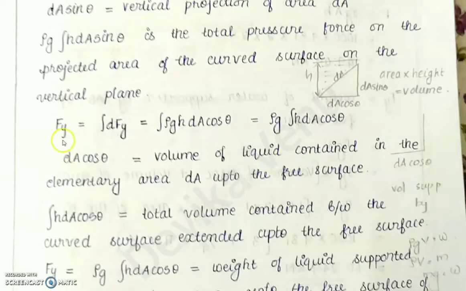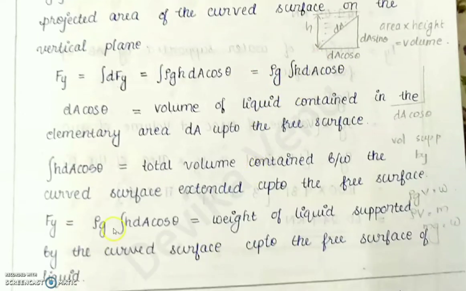And Fy, what is Fy? Integral rho g h dA cos theta. So what is integral h dA cos theta? It is h into dA cos theta, area into height, which gives the volume. Volume into rho g gives the weight.